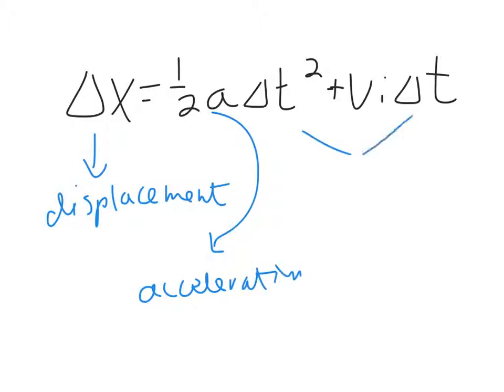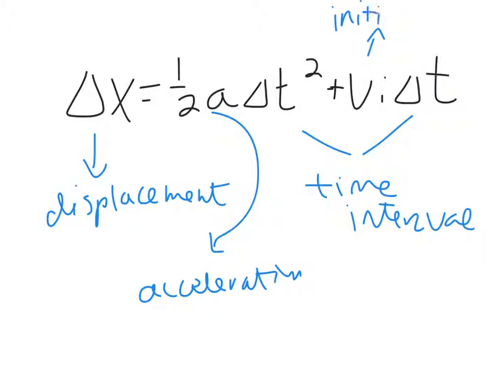These delta t's are any time interval. Remember, delta is just final minus initial, and v i is your initial velocity or speed if you're not taking direction into account.